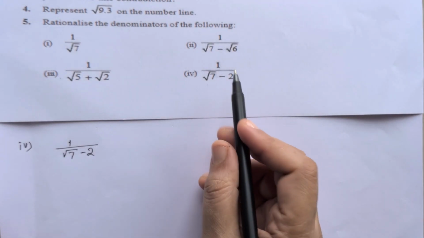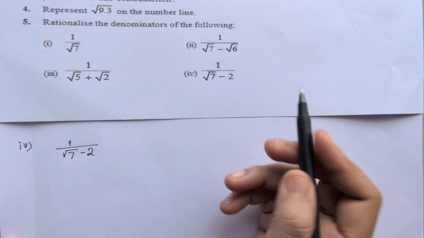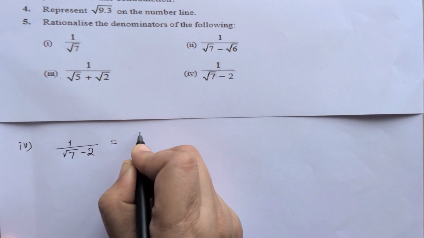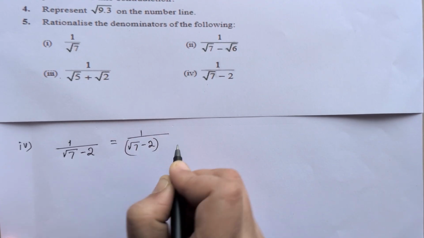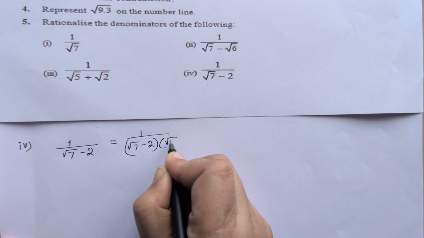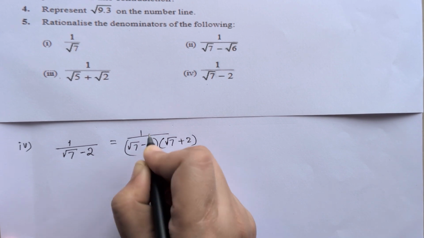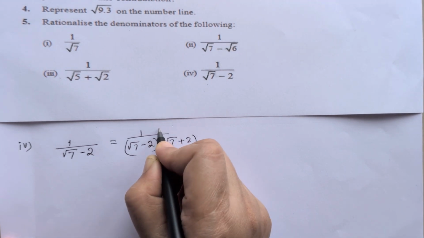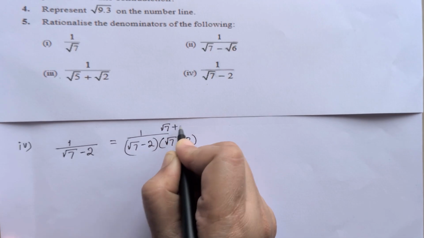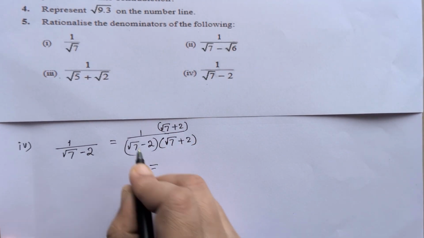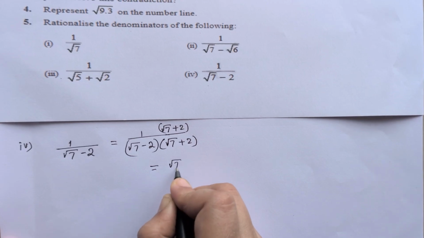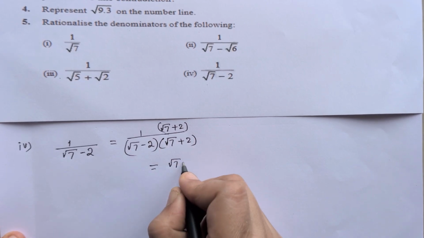Now the fourth one, 1 by (root 7 minus 2). We multiply the numerator and denominator with root 7 plus 2. When you multiply the numerator, 1 into root 7 and 1 into 2, it will come root 7 plus 2 itself.